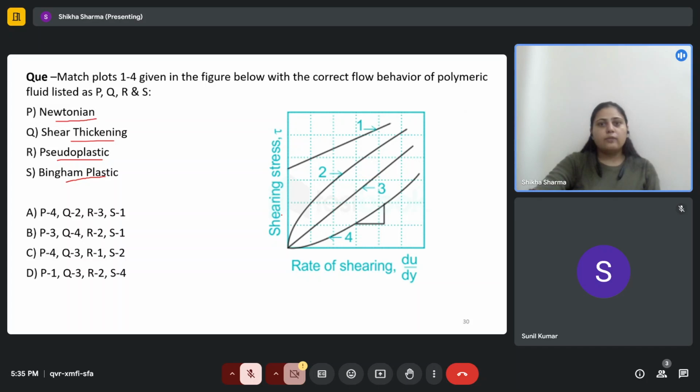We need to tell, when plotting the shear stress against the shear rate, how each type of polymer fluid behaves.